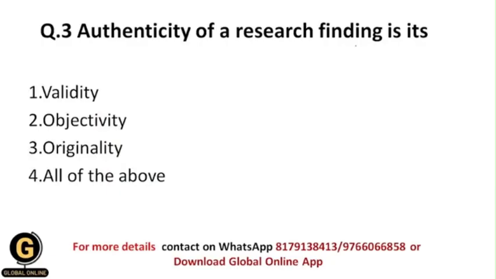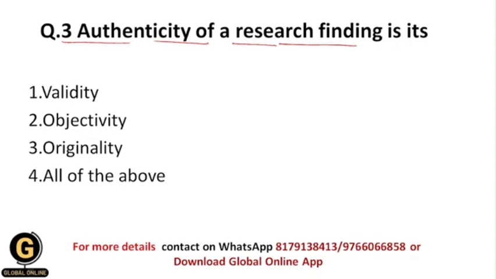Authenticity of a research finding is its... So what is the authenticity of a research finding? Basically students, authenticity means that we have proper proof that this particular object or thing is authentic, it is original, it is not copied from somewhere else.